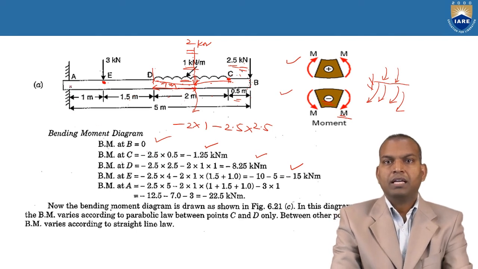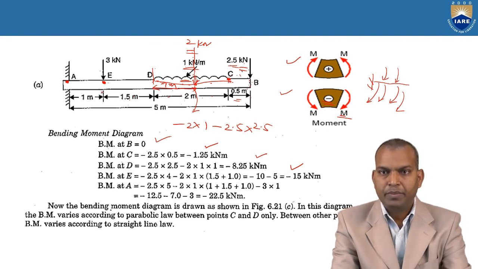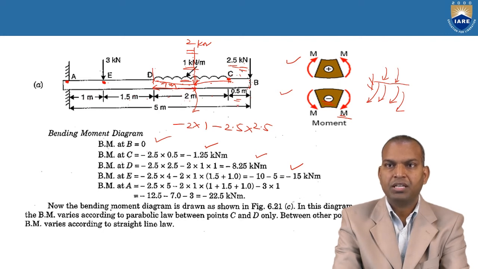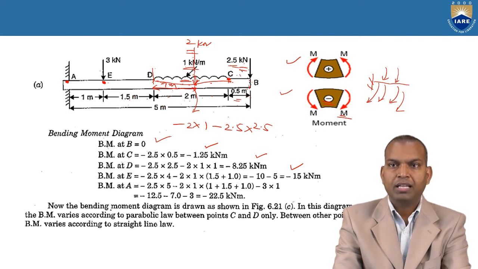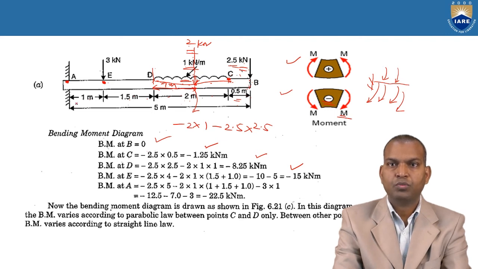Now again consider the bending moment at point A. What is the bending moment at point A? The bending moment is minus 2.5 from point B. What is the distance about point A? That is 1 plus 1.5 plus 2 plus 1.5, minus 2.5 into this total distance, that is 5 meters, minus the UDL load. The UDL total load is 2 kilonewtons, at a distance of 1 plus 1.5, 2.5, plus 1 meter, that is 3.5 meters.